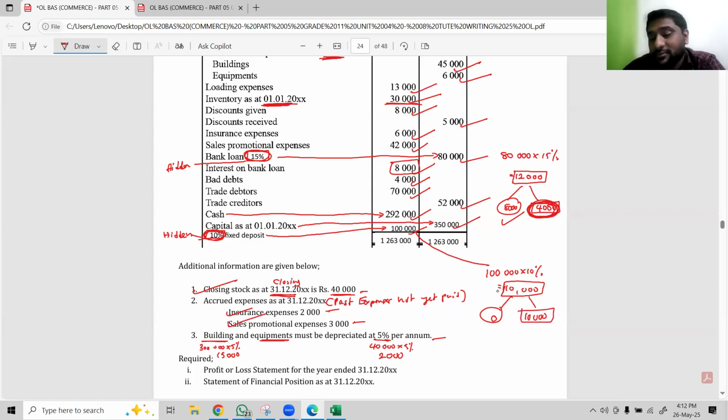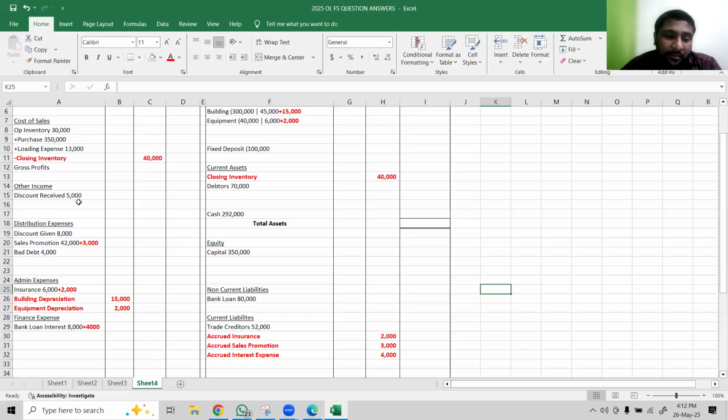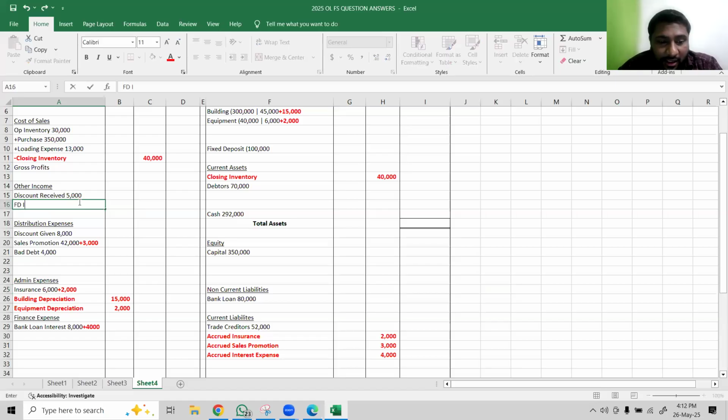So we'll record the entire 10,000. It's an income: other income, FD interest income, 10,000.